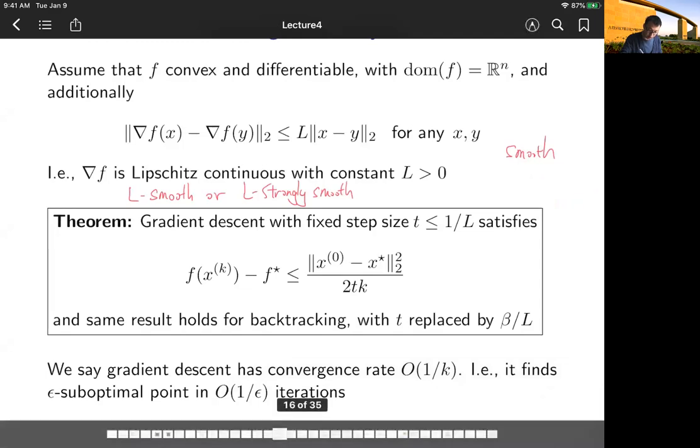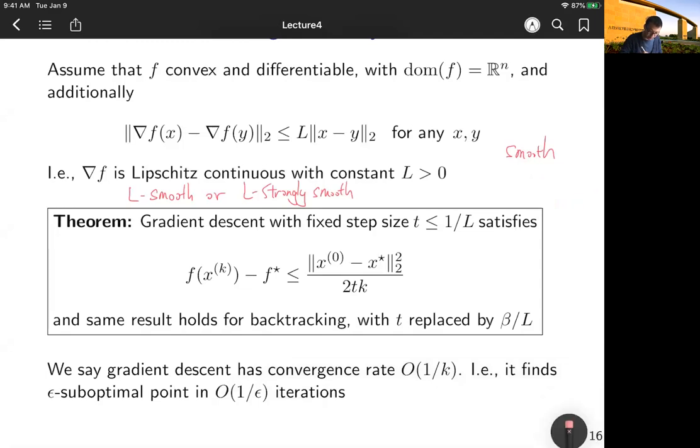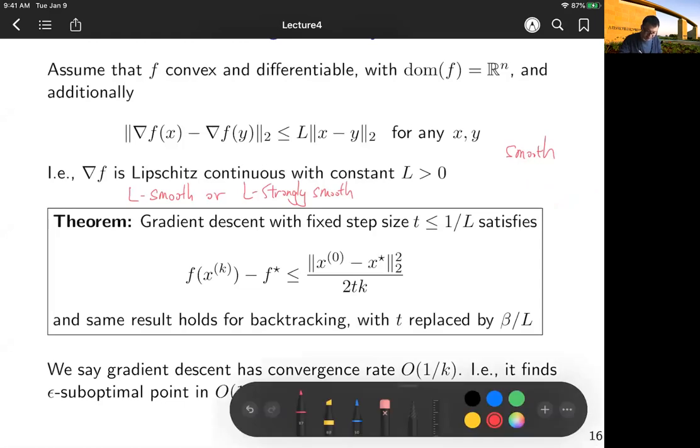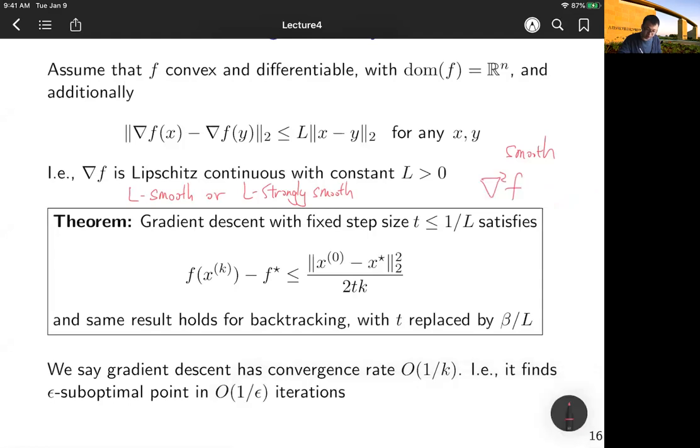Yeah, it's easier to explain with this function being second order derivative. By saying something is smooth, it basically says that the second order derivative of this function satisfies that the spectral norm, or operator norm, is finite.